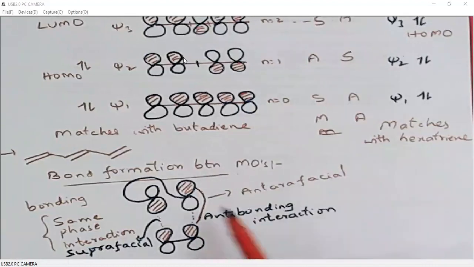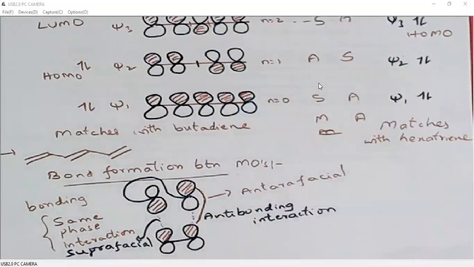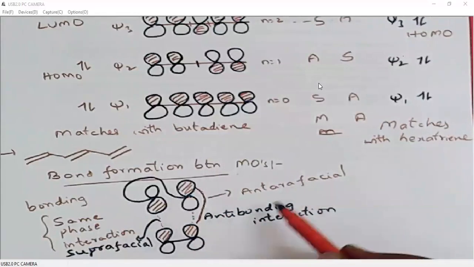Then, if the molecule is large enough to have a rotation of one of the orbitals, the positive lobe will come down so that it can easily form a bond. Such bonds, which are formed by rotating the orbital, are called antarafacial bond formation.